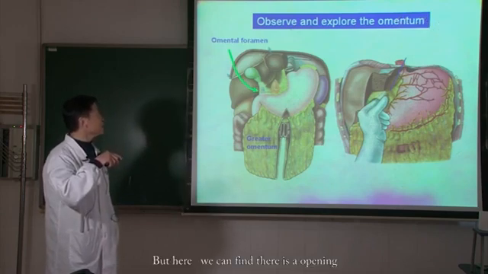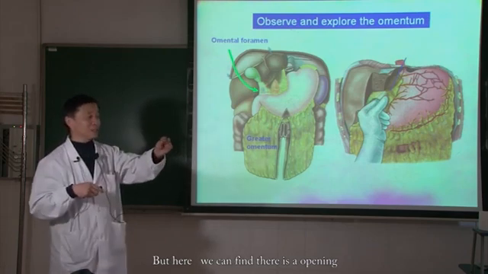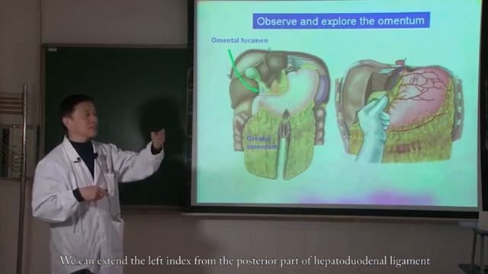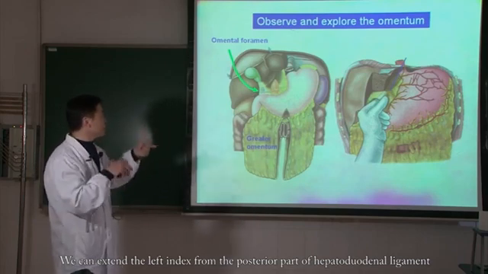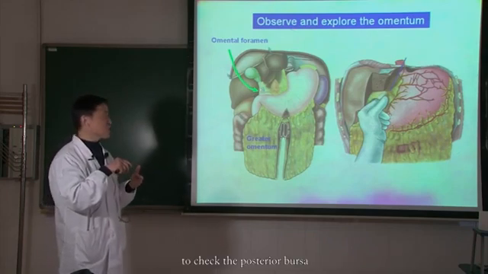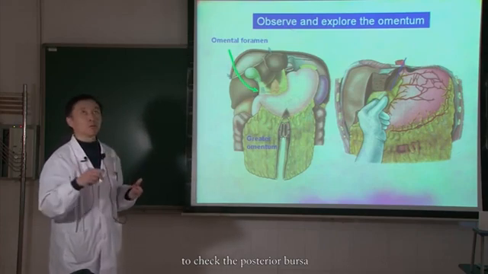Here we can find there is an opening. We can extend the left index finger from the posterior part of the hepatoduodenal ligament to check the posterior bursa.